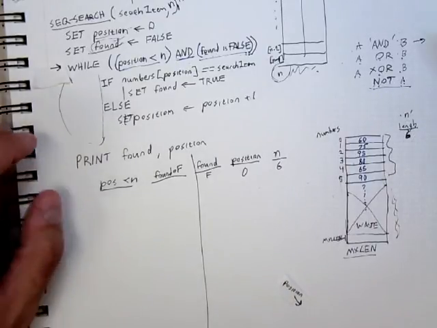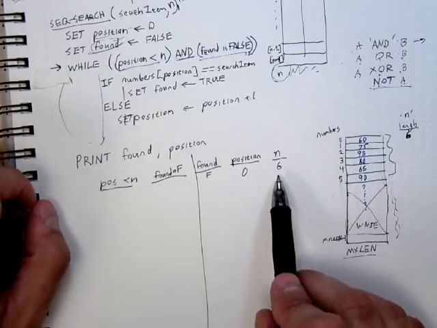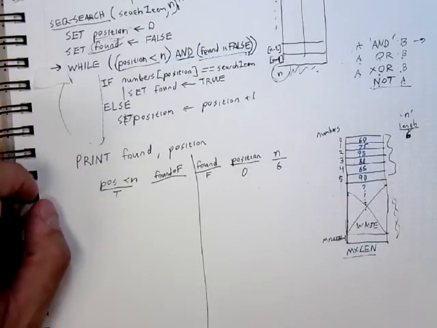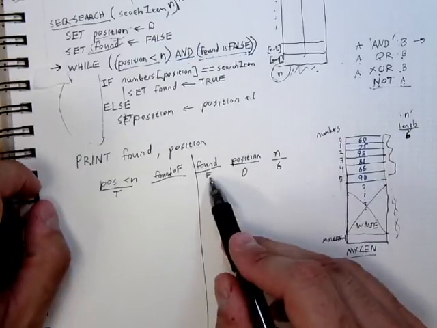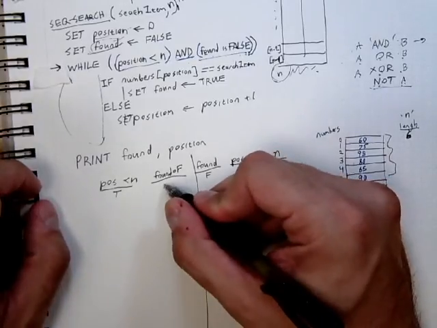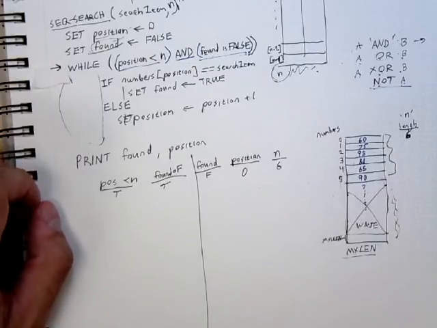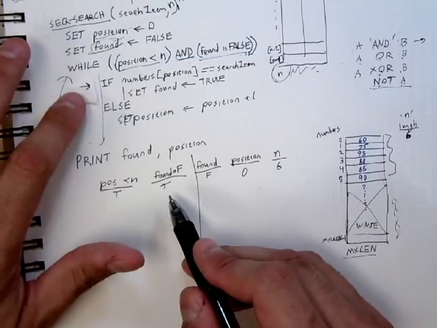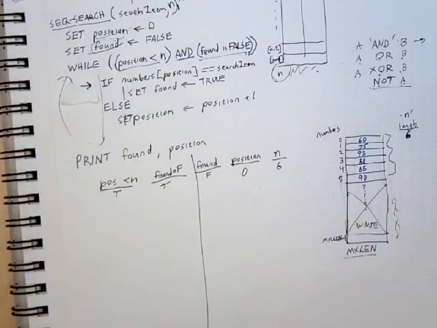So is 0 less than 6? That is true. And is found equal to false? Yes, indeed, found is equal to false, so that is true. Since both of those are true, we're going to go into the loop. So now we're in the loop.